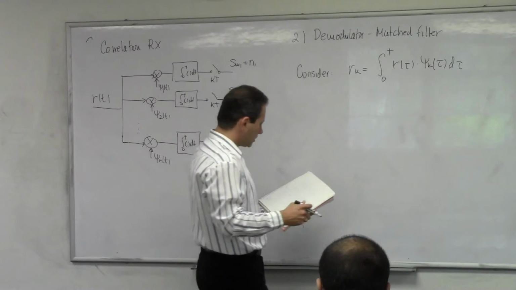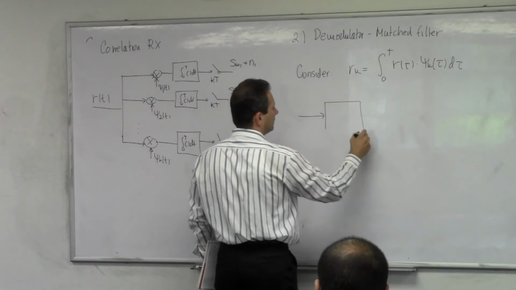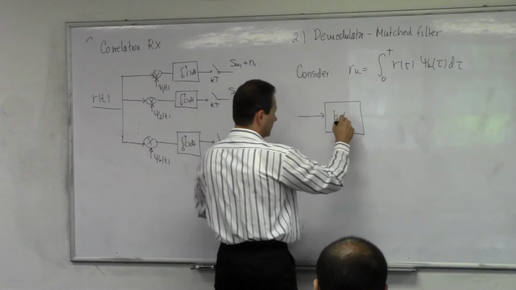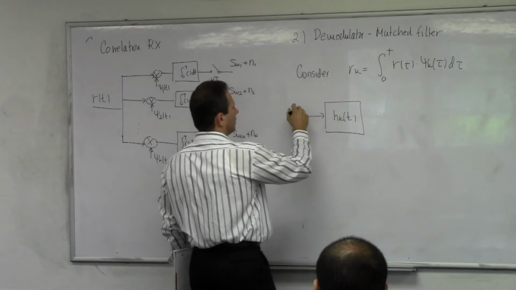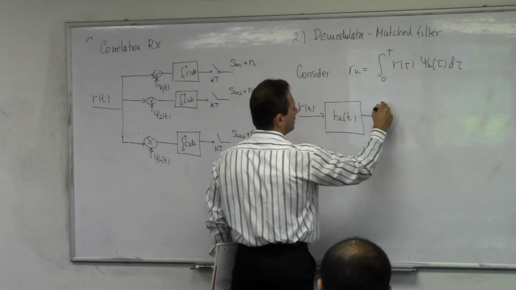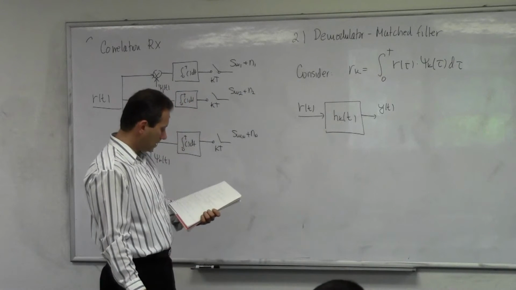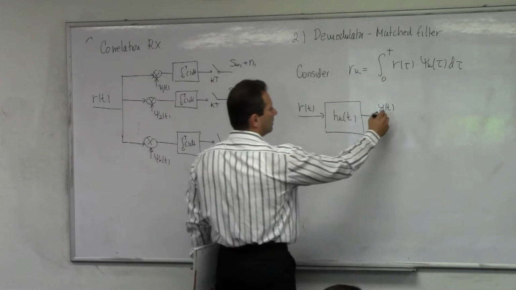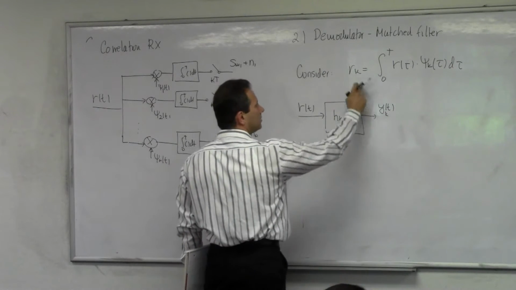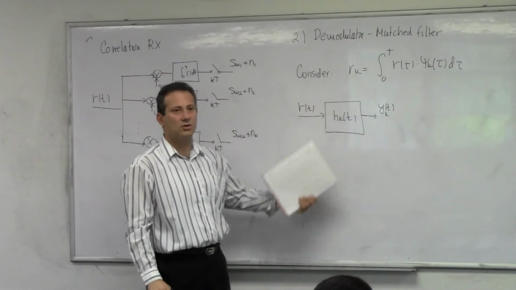Now, suppose I can design a filter, just a passive device that I feed r of t, and in general it gives me an output y of t. But I want to sample this output y_k of t, and I would like that to be the same as this r_k. Remember, r_k is just a constant.